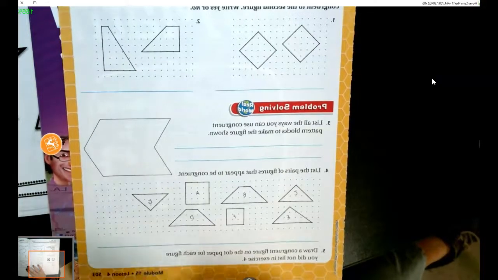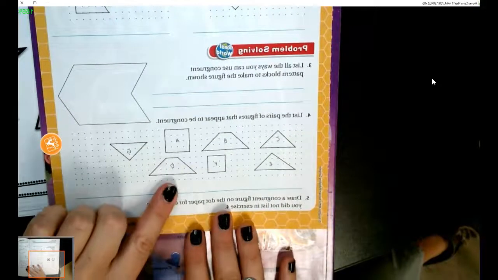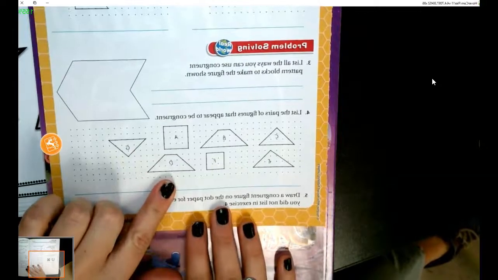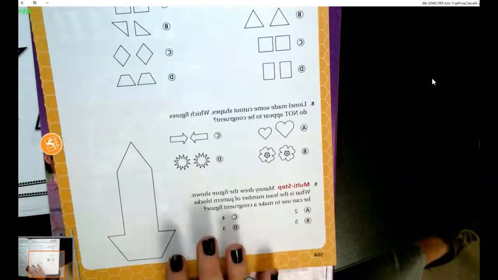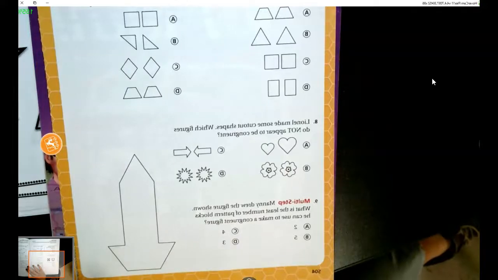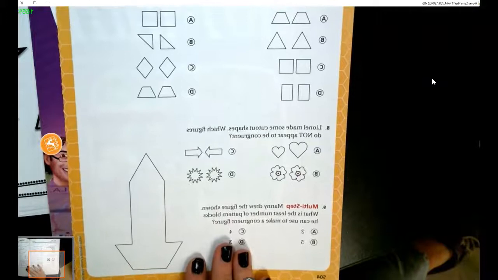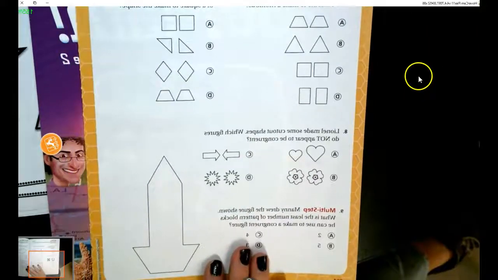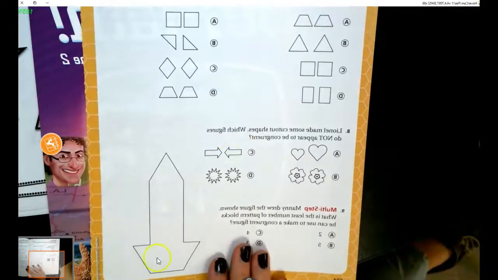Okay? List the pairs of figures that appear to be congruent, which we just practiced also. And then the back, same thing. Congruent or not congruent. And then you're also talking about pattern blocks. Okay? Any questions before you start? Okay. You guys may begin.